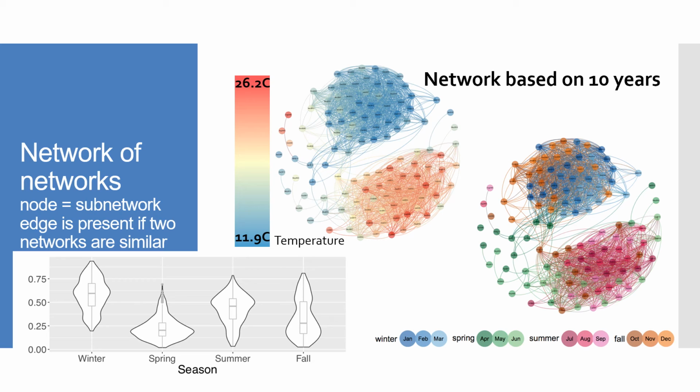Here, I use temperature because it has been shown to be a major factor driving microbial abundances. As you see, and as expected, it aligns pretty well. Low temperatures are with the winter months all connected to each other, and when we go through the network of networks passing by the spring months, we reach the warmer months, which are the summer months in our time series.